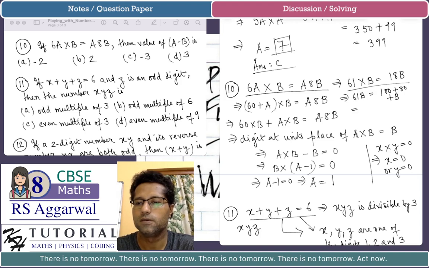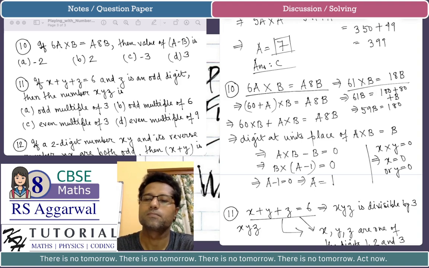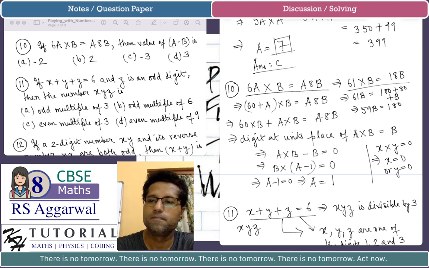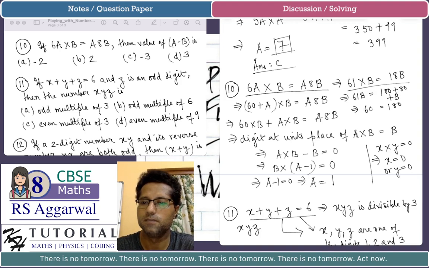If I take all the b terms to the left hand side, sorry, this becomes 61b minus b, which is 60b. 60b is equal to 180. This implies b is equal to 3.